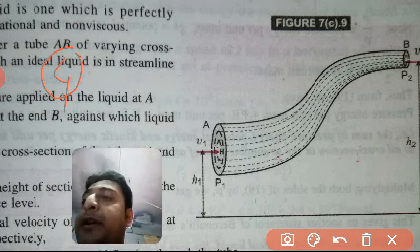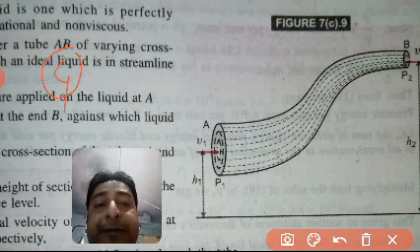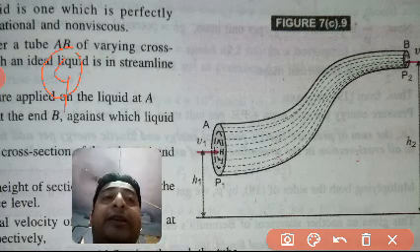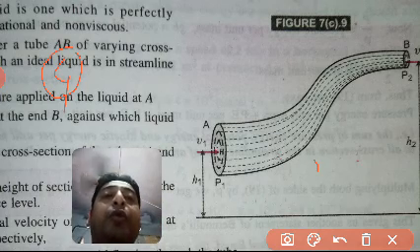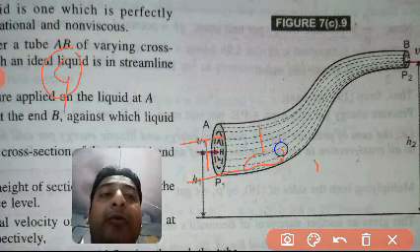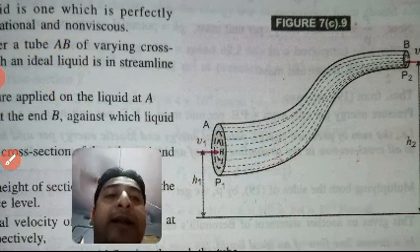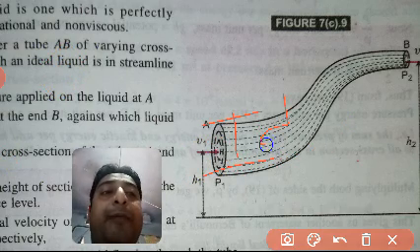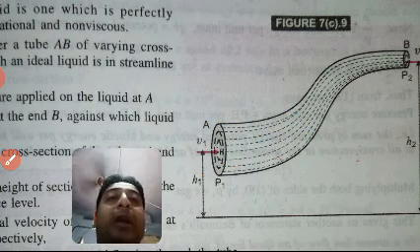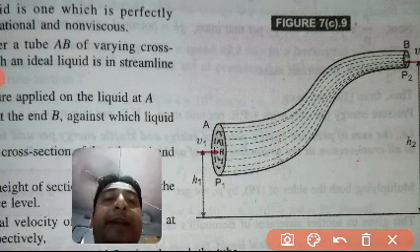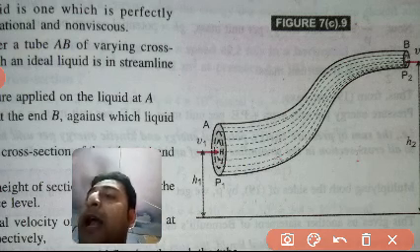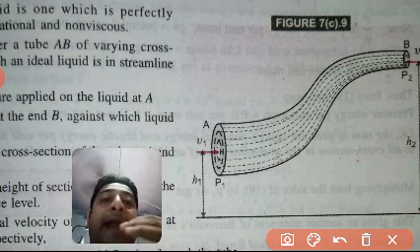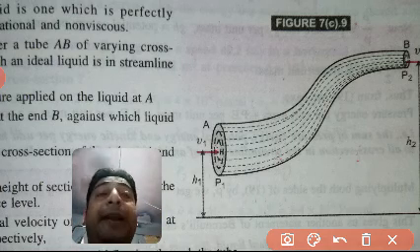In case of an ideal fluid, you know that for Bernoulli's theorem or any other type of proof, we have to take the fluid to be an ideal one. Without the ideal one, you cannot explain it properly. So when an ideal fluid is flowing through any pipe, then the total energy of that fluid remains constant.